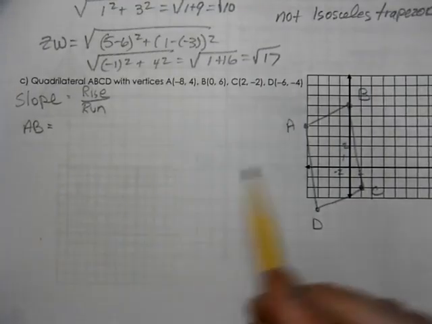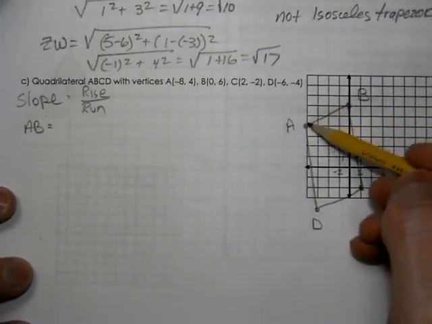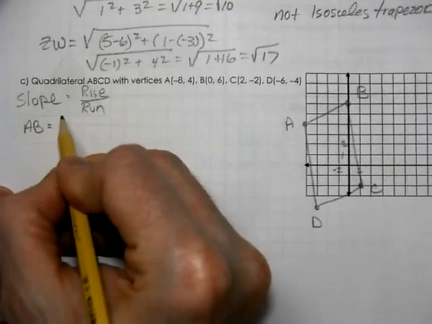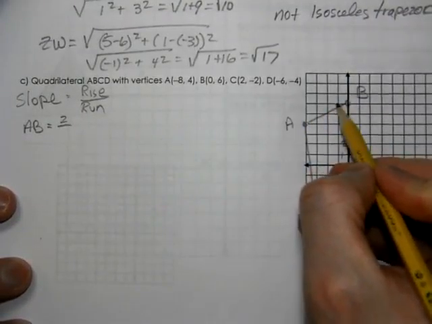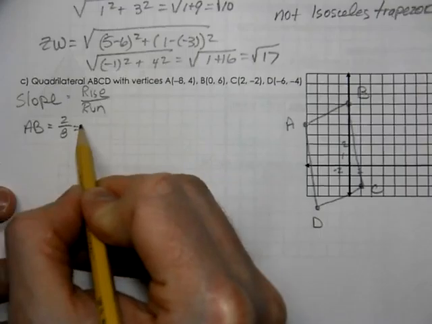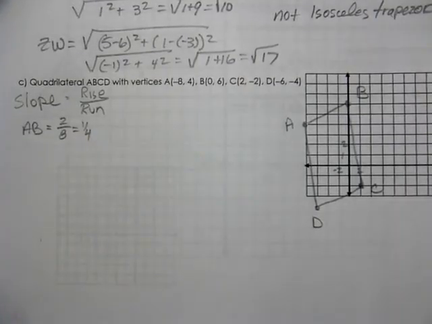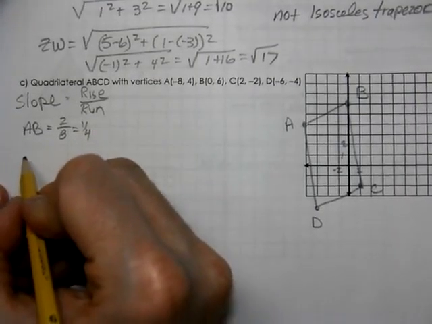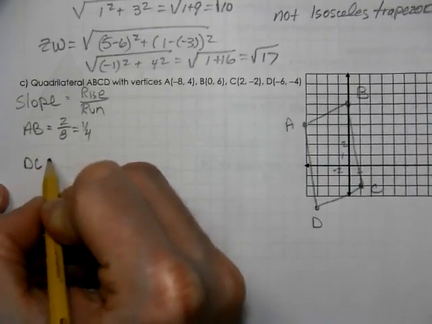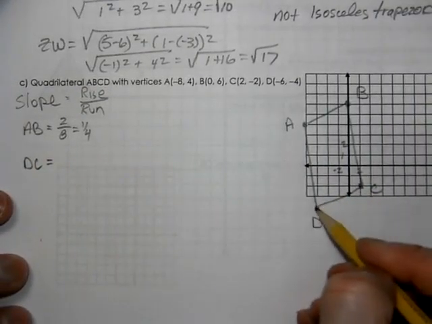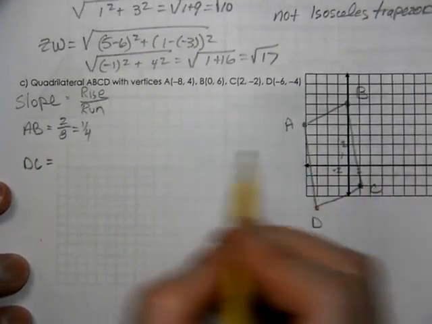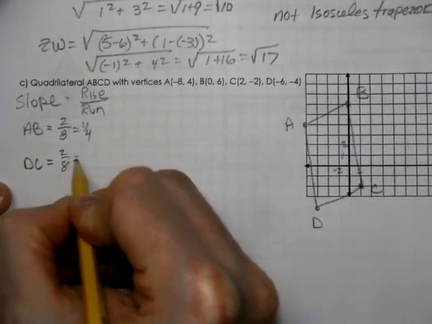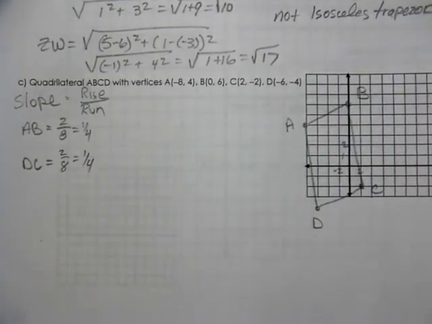So AB. So up 2 and over 2, 4, 6, 8. That's 1/4. DC. Up 2 over 8. That's 1/4.